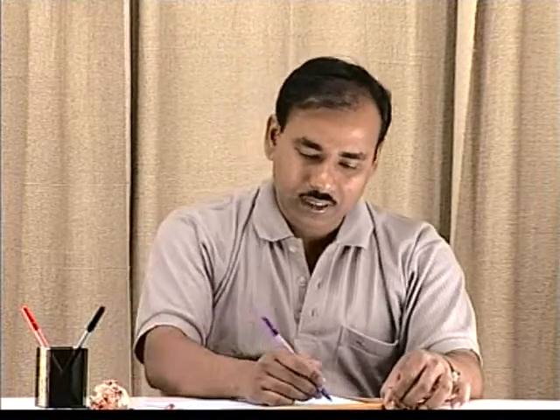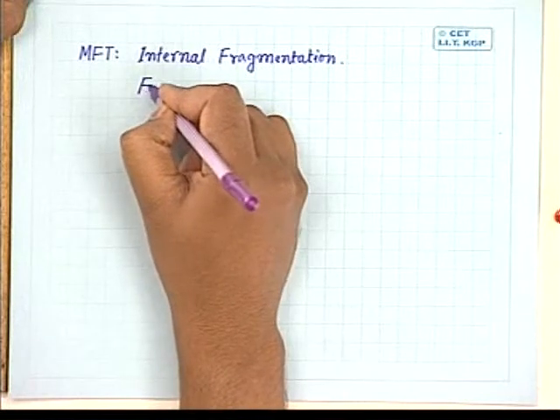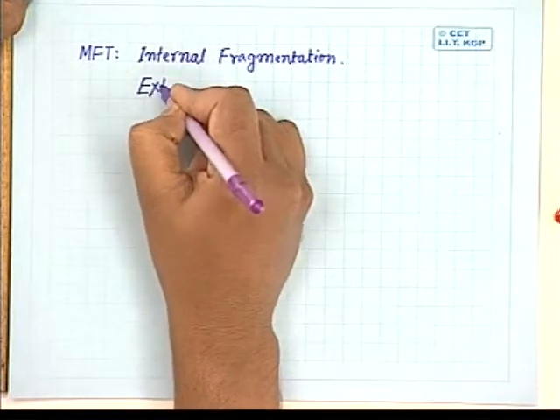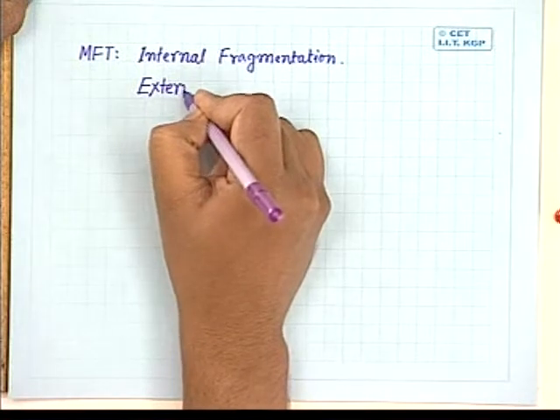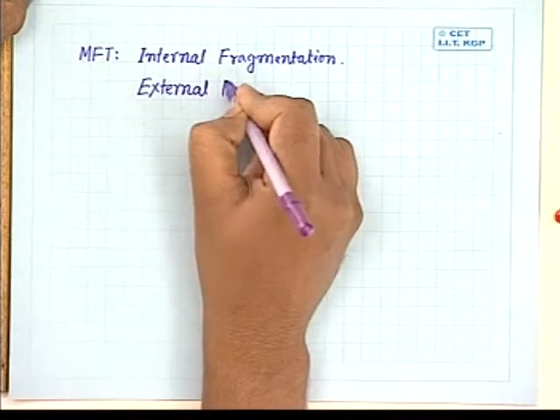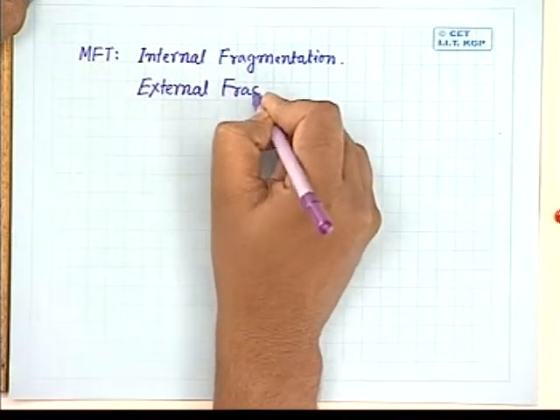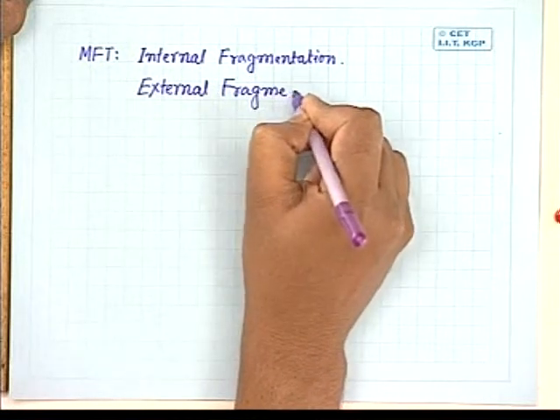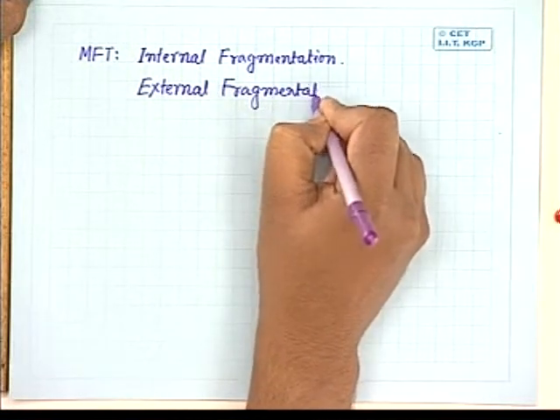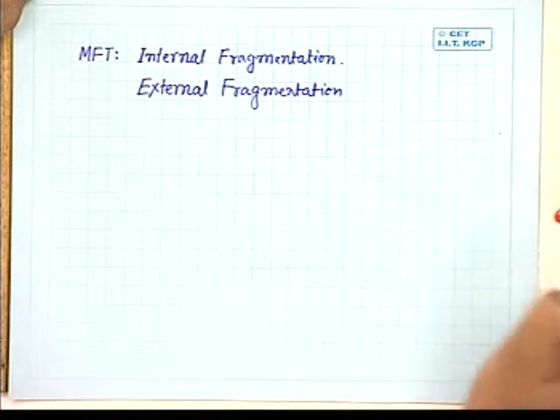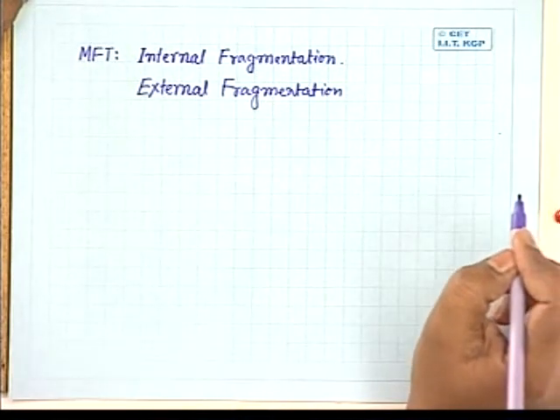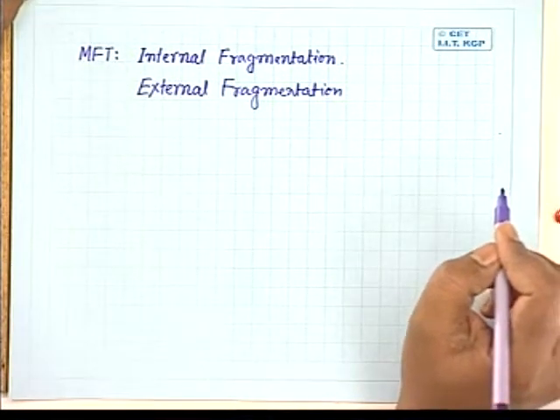And we refer to external fragmentation. We have seen that there is another kind of fragmentation which is called external fragmentation, and external fragmentation is due to the fact that even if we have some partition which is available, which is free, but the size is less than the size requirement of any of the jobs.